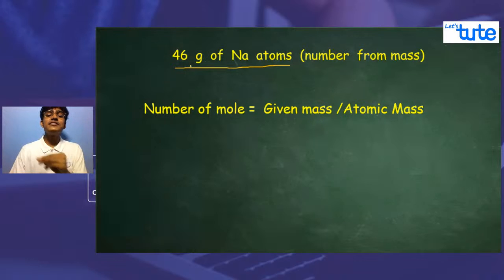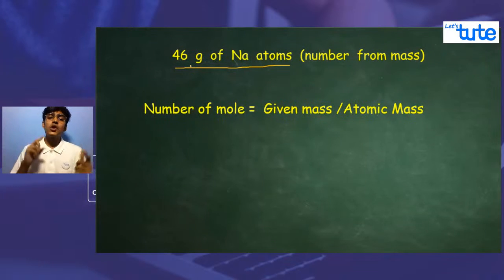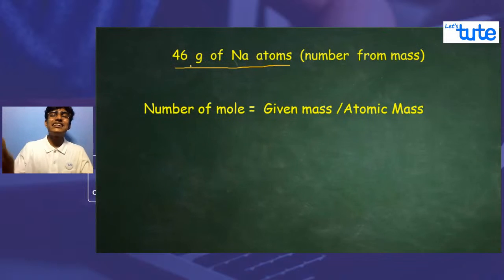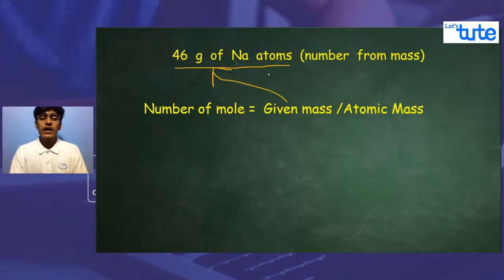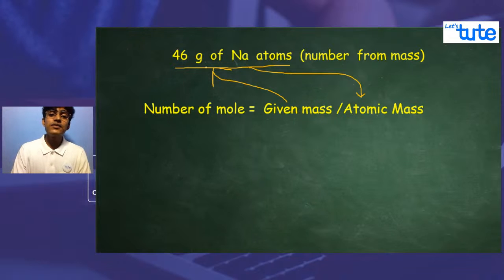In the previous example, we saw how to find the number of moles from the number of atoms divided by Avogadro's number. But in this condition, the mass is given to us, and the atomic mass of that element comes in the denominator, with the given mass on top.